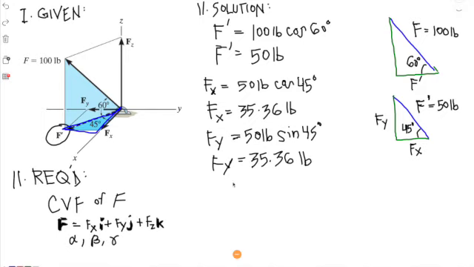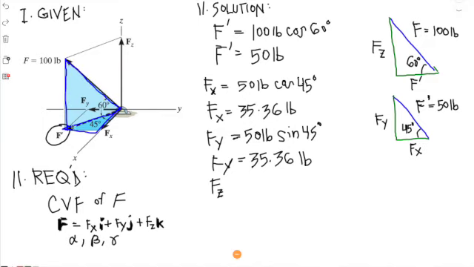Okay, so for Fz, we go back to the first triangle, this one, since this is Fz, right? So looking at this triangle here, this is our Fz.